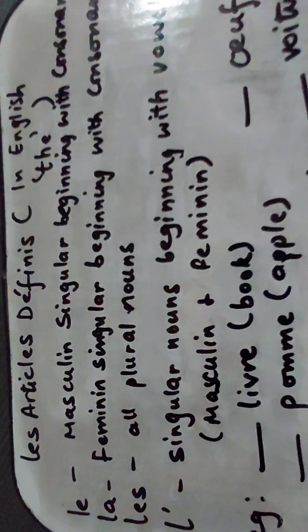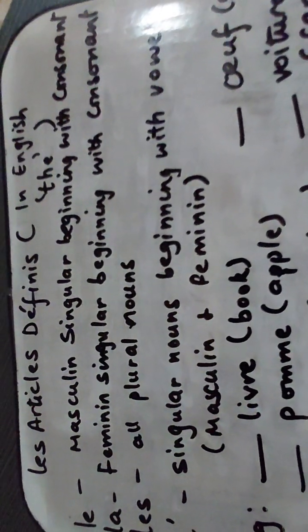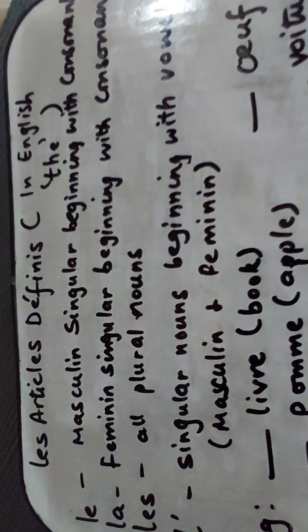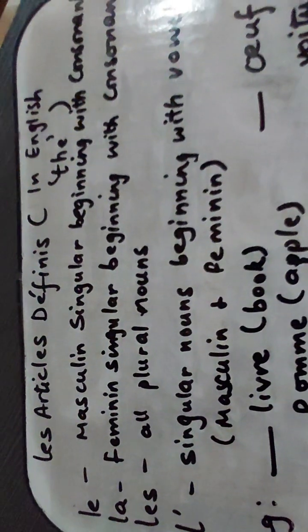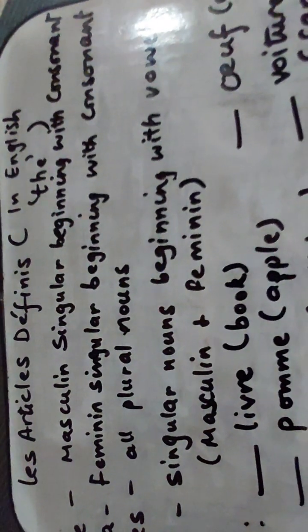There are 7 vowels in French: A, E, I, O, U, H, and Y. However, in English, we have just 5 vowels: A, E, I, O, and U. Sometimes Y is also used as a vowel in English. Now, in French, the alphabets other than the 7 vowels are called consonants, right?